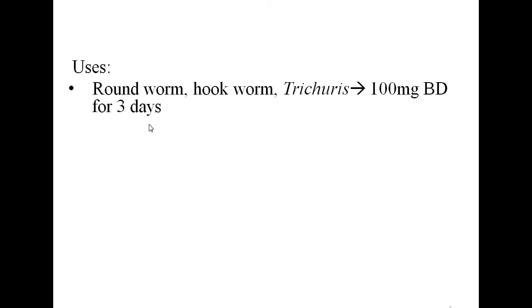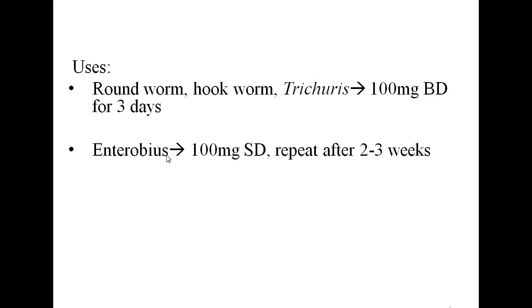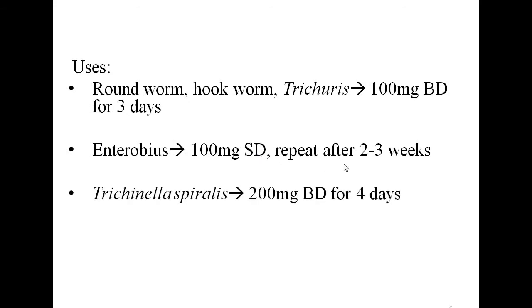Mebendazole is used in the treatment of roundworm, hookworm, and trichuris, where the dose is a 100 milligram tablet twice a day for 3 days. For enterobiosis, it is a 100 milligram single dose with a repeat of the same dose after 2 or 3 weeks. For Trichinella spiralis, it is 200 milligrams twice a day for 4 days.